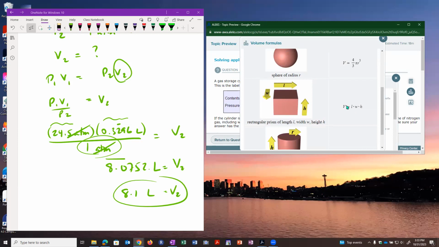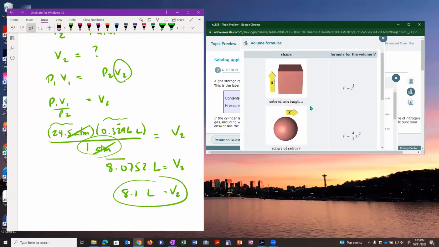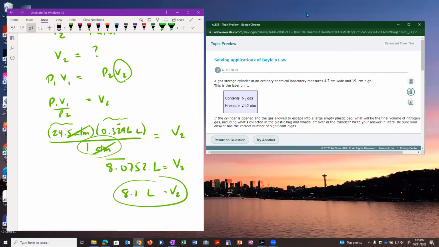In this case, we can use this formula, or if you're given a spherical container, we can use 4/3 pi r cubed, or a cube, for example. It would be these formulas. So depending on what information you're given, we can use the most appropriate volume formula to calculate that initial volume, and then applying Boyle's law, we solve for the one unknown in that problem.